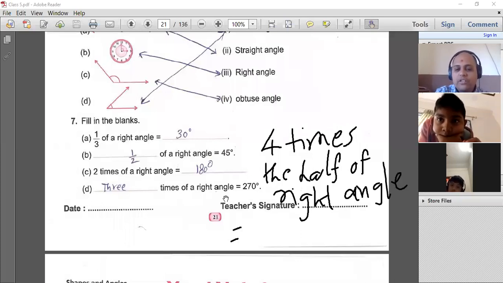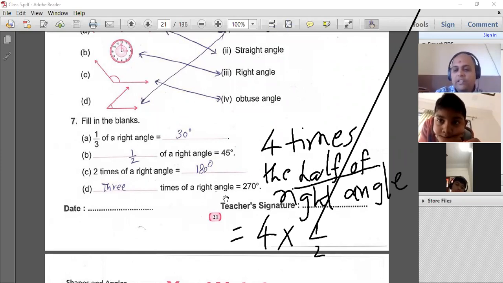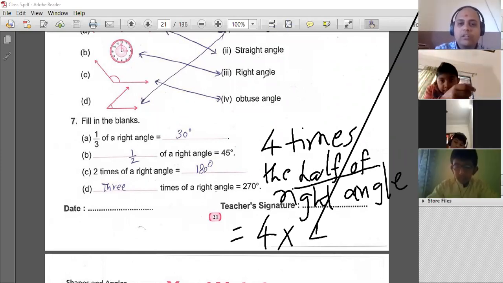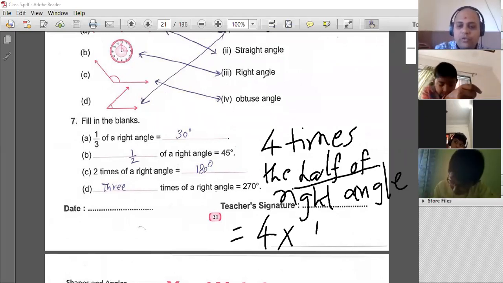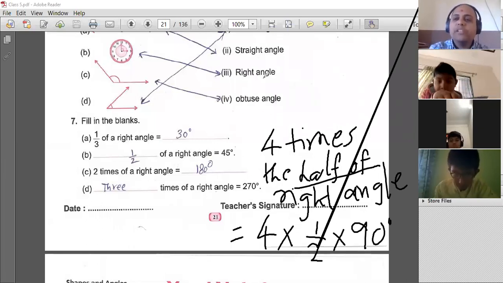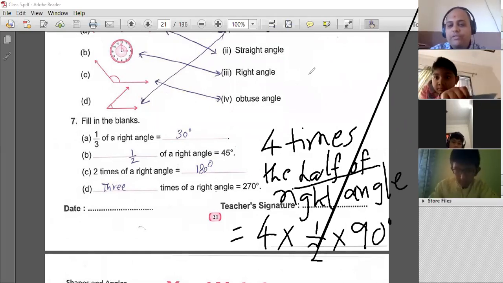First of all, you have to understand four times, that is four into half, into right angle. A right angle is what? 90 degrees. So what will be the answer? Yes, very good, correct. Half of 90.